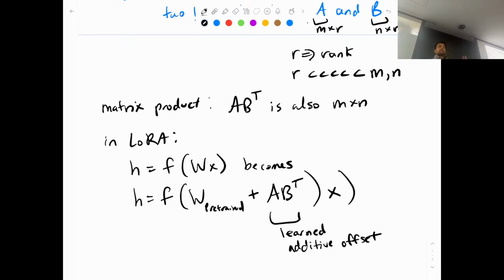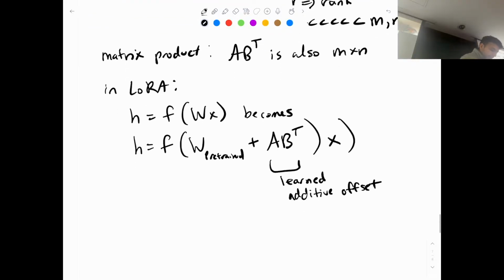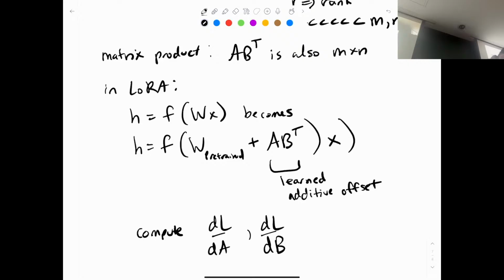So instead of doing the full dL/dW, we now have to compute in this new form dL/dA and dL/dB. And we will keep W frozen, meaning we're not going to compute the full dL/dW. So all we're trying to do is learn these A and B matrices.